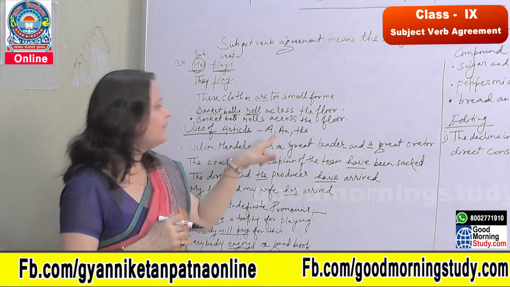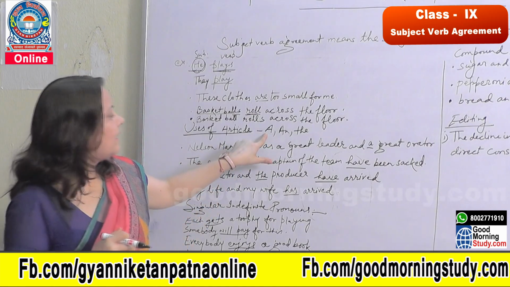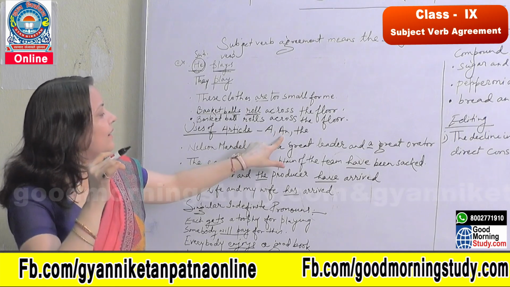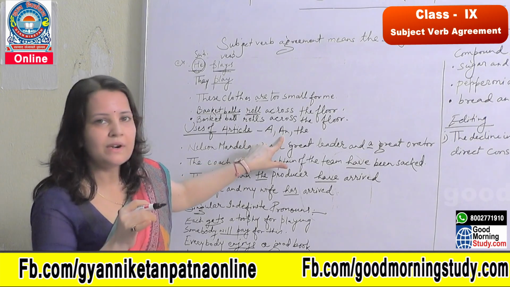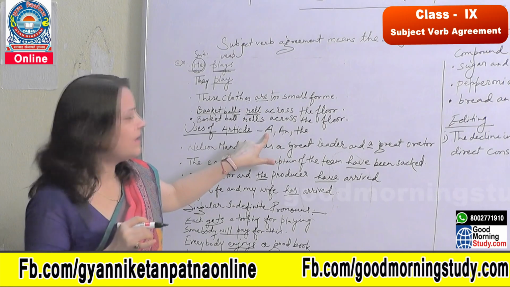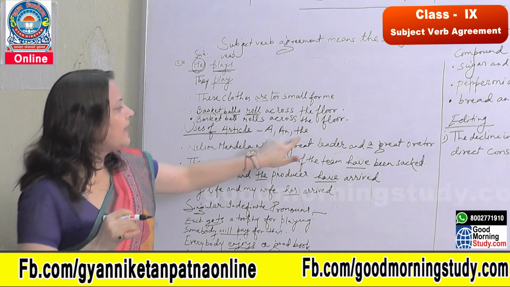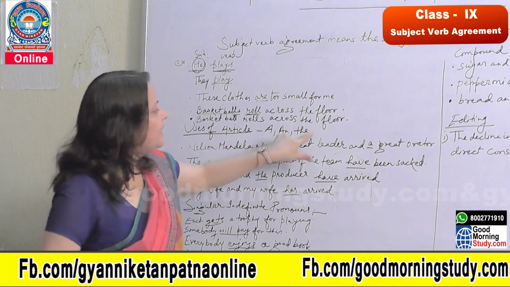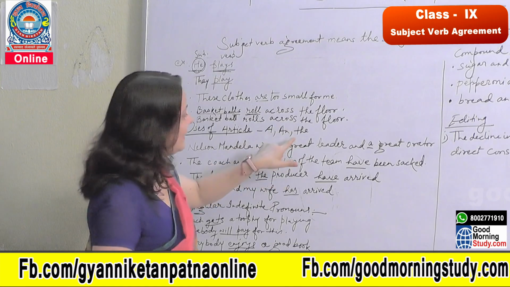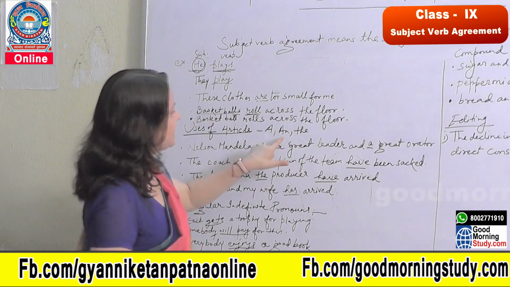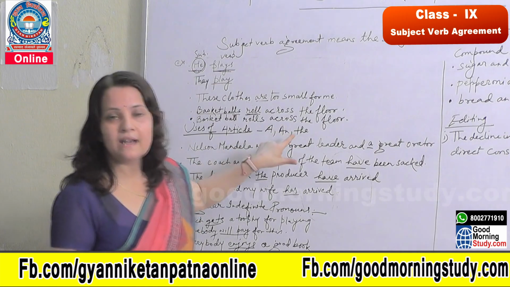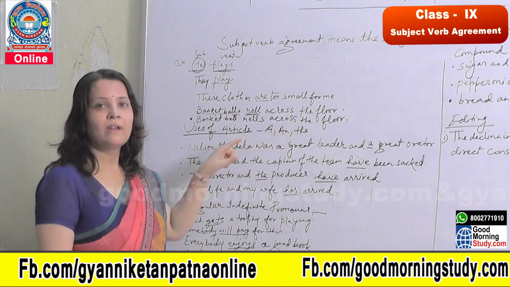In a simple way, we know that before a vowel sound word we use an, and before a consonant sound word we use a, and to make anything particular we use the. But in various kinds of sentences, this the, a carries another meaning also.